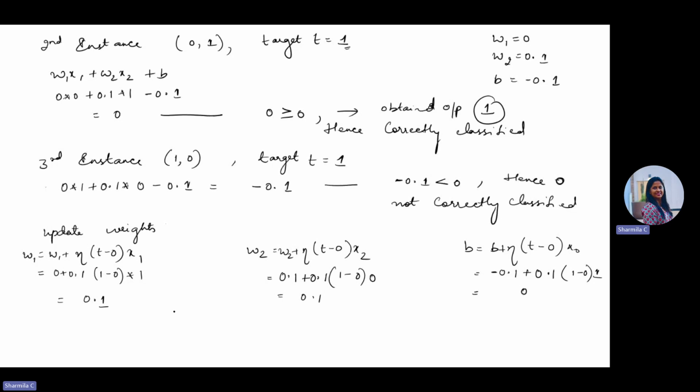So the answer I'll be getting is 0. So hence the updated weights, or the new weights, we get are W1 equals 0.2, W2 equals 0.1, and the bias value is 0. Now we'll take these new updated weights.